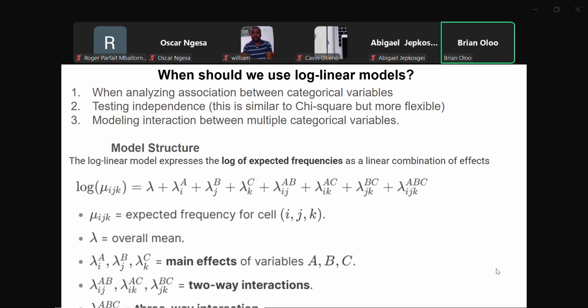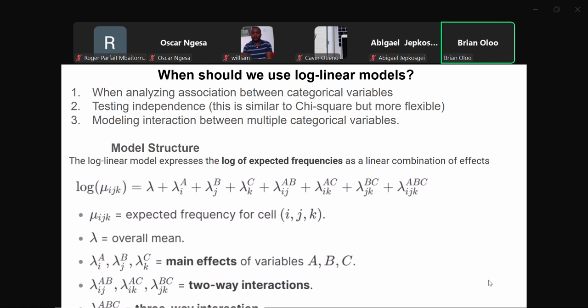The model structure contains a link function that is log of mu_ijk, which is mapped to the sum of the independent variables containing the parameter lambda. And here you will realize that the first lambda is a constant, which shows us the overall mean.